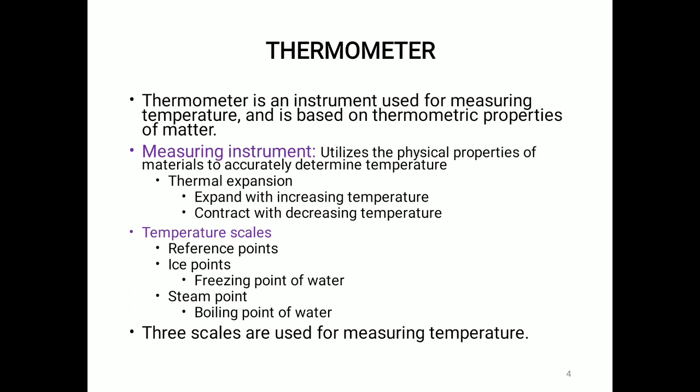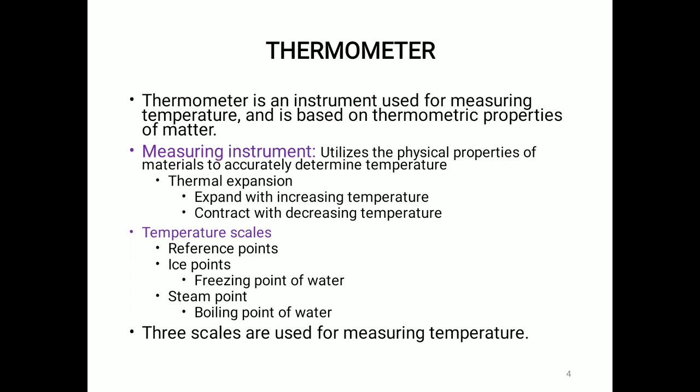Now for the temperature scale, we have set different reference points like the ice point and the boiling point of water. So we have two reference points. The first one is called the ice point, which is taken as the freezing point of water, and the second one is the steam point, which is called the boiling point of water.